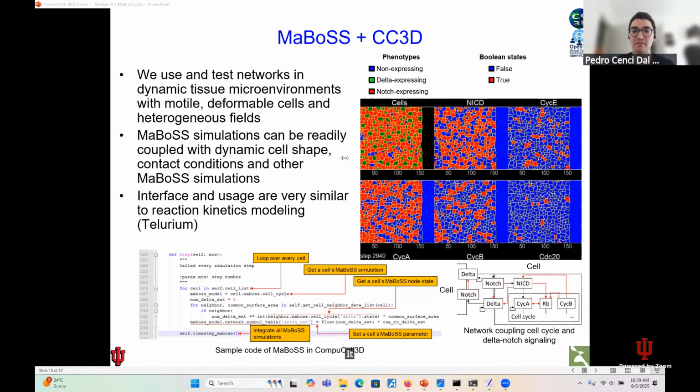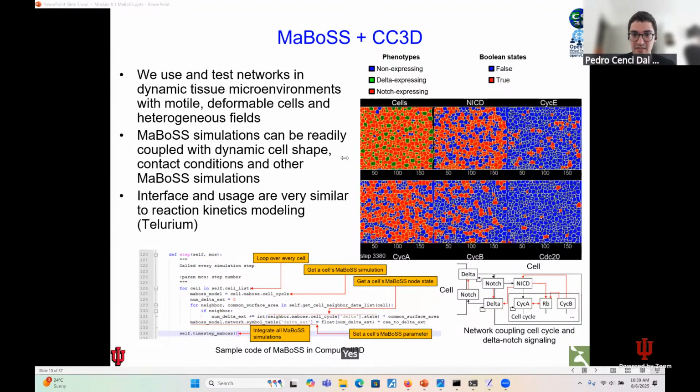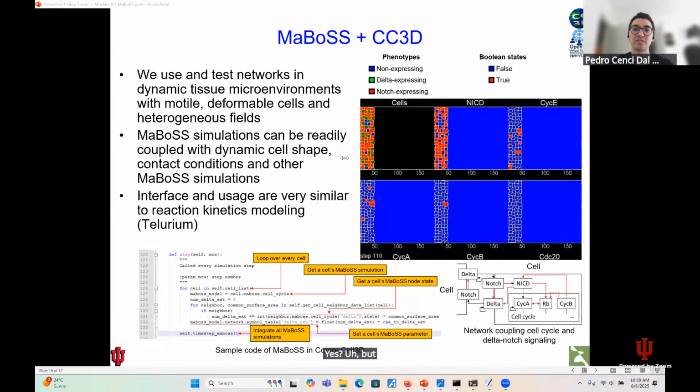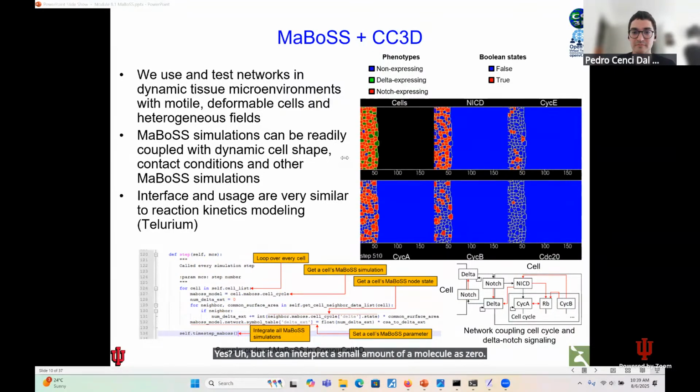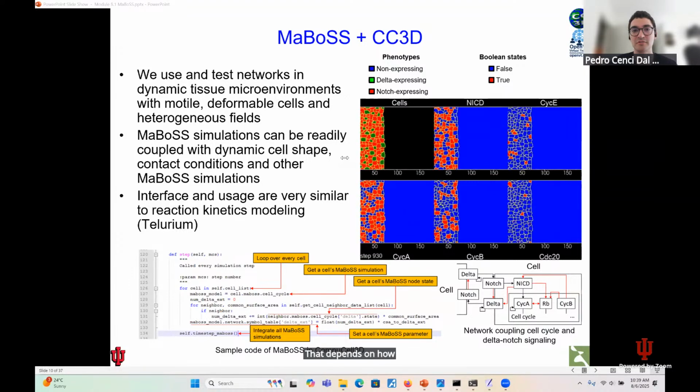It is assuming completely different things, yes, but it can interpret a small amount of a molecule as zero. That depends on how you design your network.